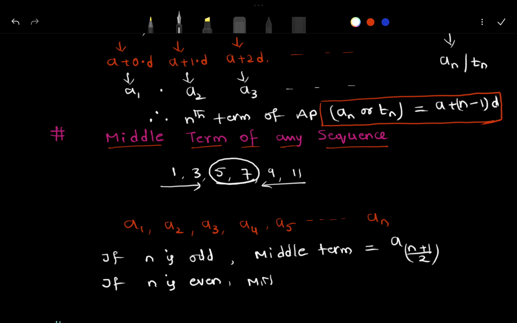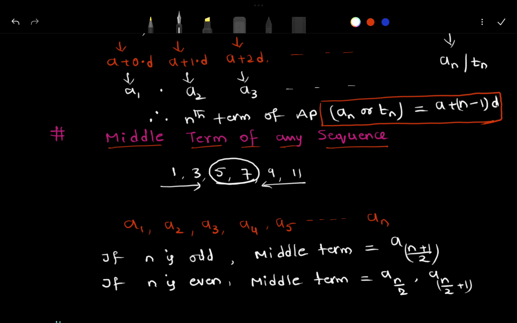By observing the above example, the middle terms: how many terms are there? 6 terms. So the middle terms are the n by 2th term and the n by 2 plus 1th term.